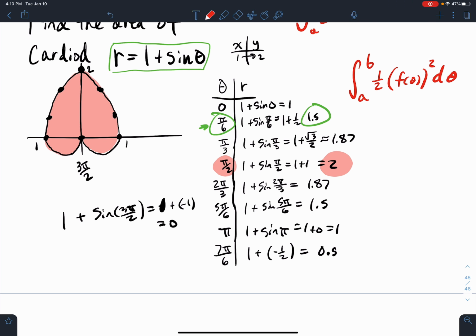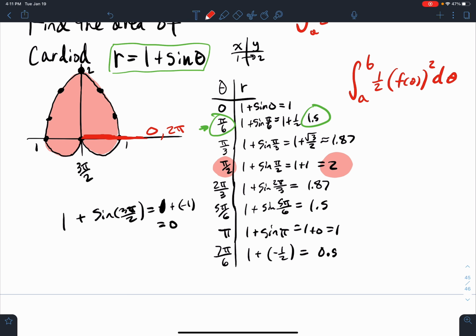Well, I start at angle 0, and then I rotate this thing all the way around, pi over 2, pi, 3 pi over 2, and then back to 2 pi to get the full circle, okay, the full cardioid. So I need to integrate from 0 to 2 pi to get everything, okay? That's why it's important to draw the picture so you know how far you're integrating.